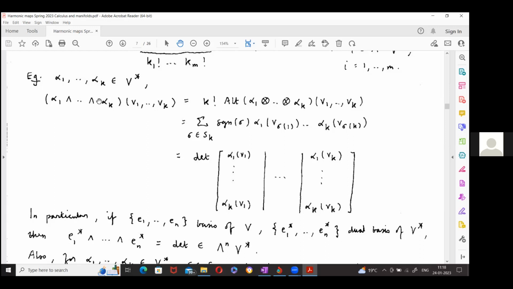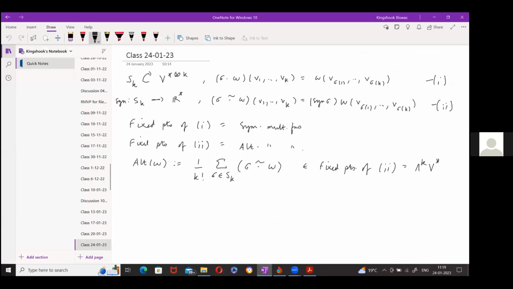So what happens is that when you have one forms, alpha 1 to alpha K, that gives you a linear map T, which is alpha 1 up to alpha K. This is a linear map from V to R^k.